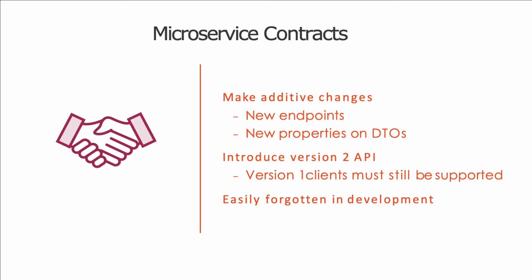for some specific duration. After that, maybe you can communicate with the client: okay, we have 1 week, 2 weeks, 3 weeks, or 6 months to update yourself to start using version 2 of the API. There are many techniques that can be used here. One is called CDC, the consumer-driven contract. We can also use canary deployment to ensure that all versions of my clients still use my business capability.